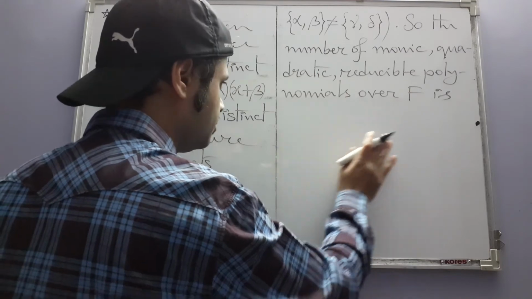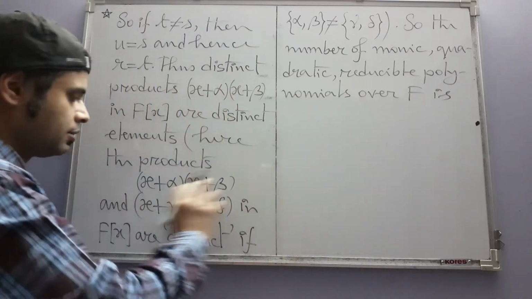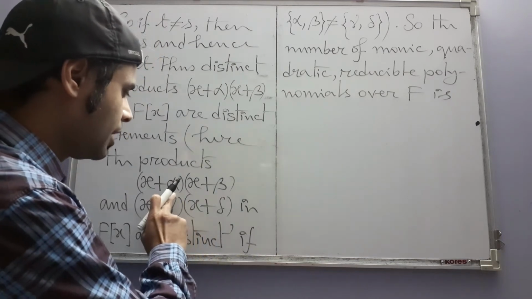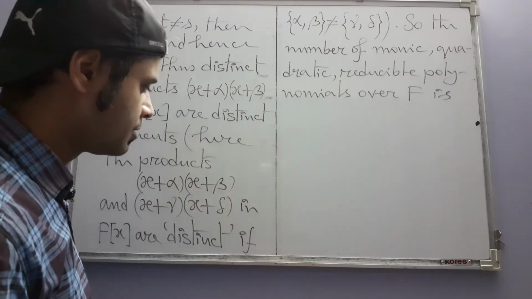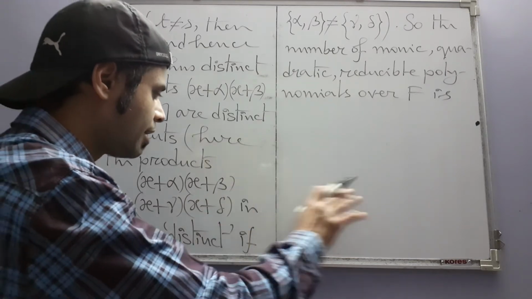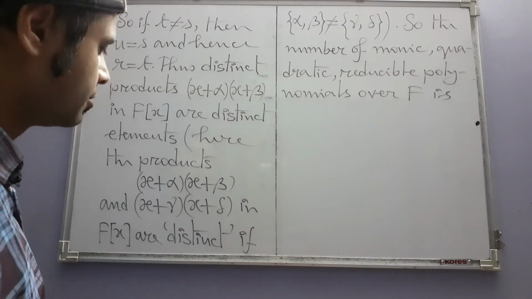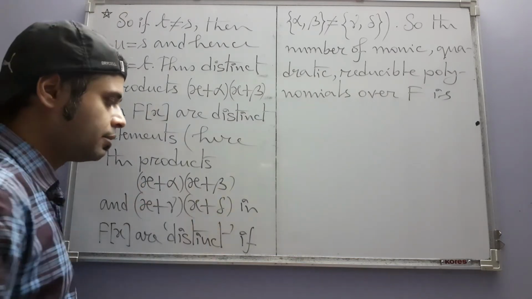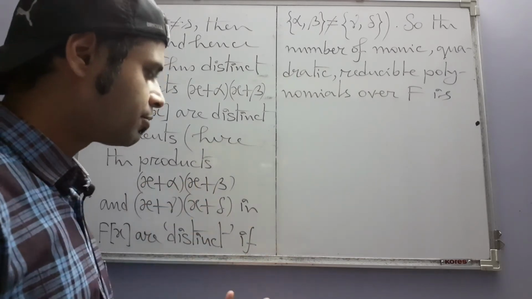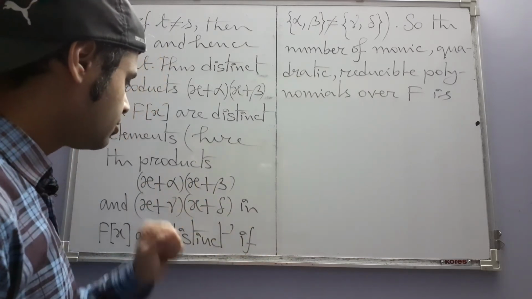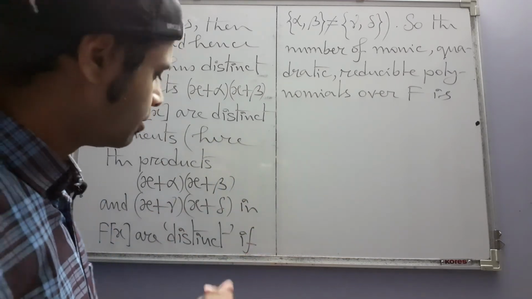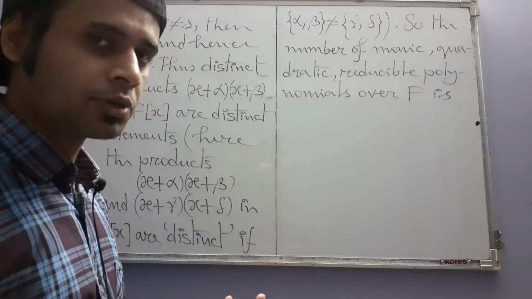I thought of it by classifying it into two cases, one where alpha and beta are distinct and one where they are actually the same, in order to avoid any potential confusion. If alpha and beta have to be distinct and both of them are coming from F, then there are p choices for alpha, but once you have chosen one alpha, that choice is gone. Then there are p minus 1 choices for beta.